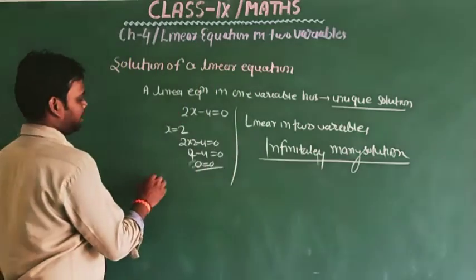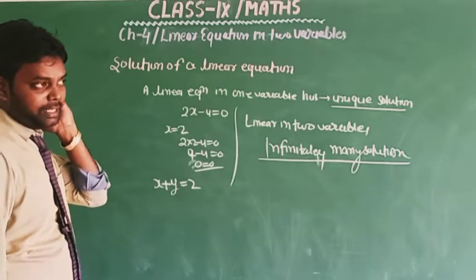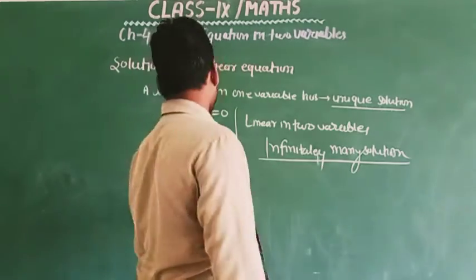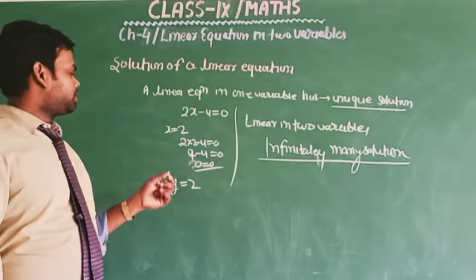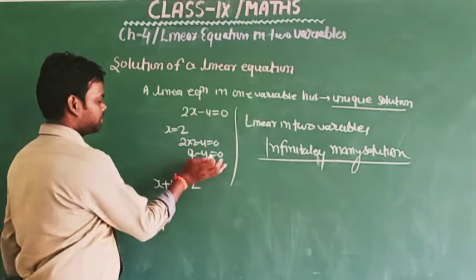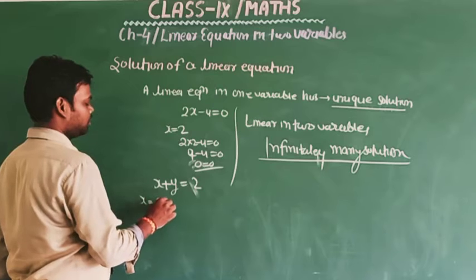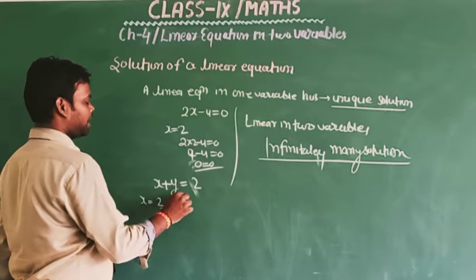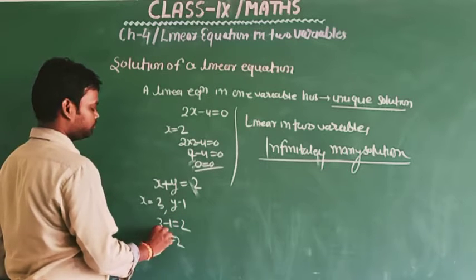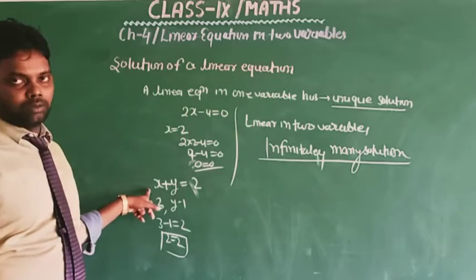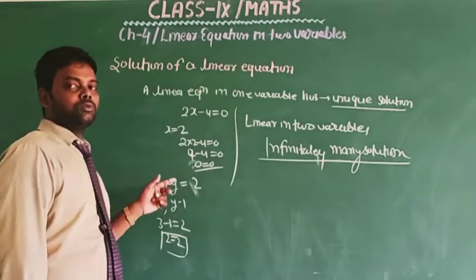If you take x plus y equal to 2, then there are many pairs of values of x and y that will satisfy the given linear equation in two variables. Taking x equal to 3 and y equal to minus 1, then 3 minus 1 equal to 2. Again taking x equal to 1, y equal to 1, then 1 plus 1 equal to 2.